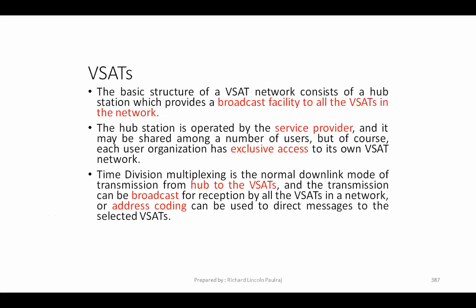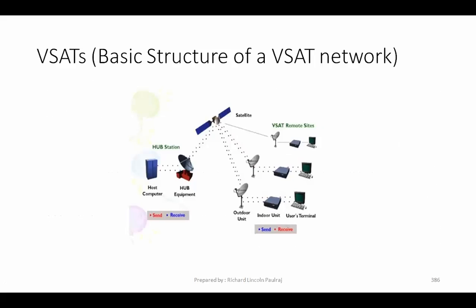With the hub, the double hop is this: the first hop is communicating to the satellite, then the hub recognizes the request and sends it, and then it comes back to another unit. So here the hub is increasing the number of hops. Instead, the request can go directly to the satellite, and the satellite can recognize it and send the information to the destined VSAT remote site. In that way we are saving a single hop, which is extra due to the hub.